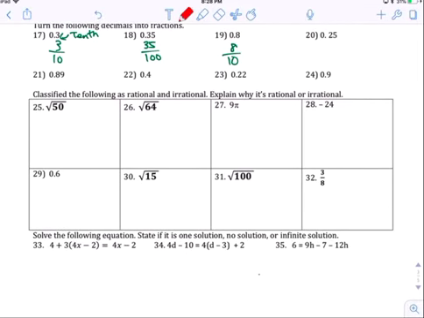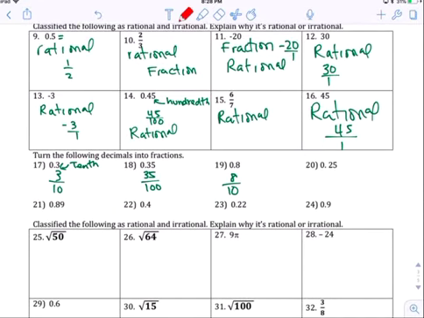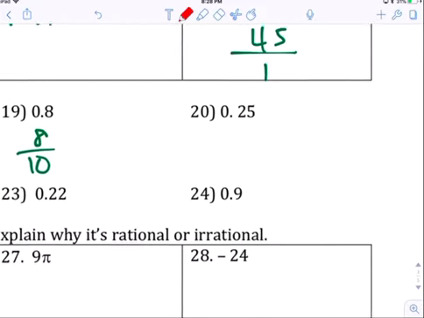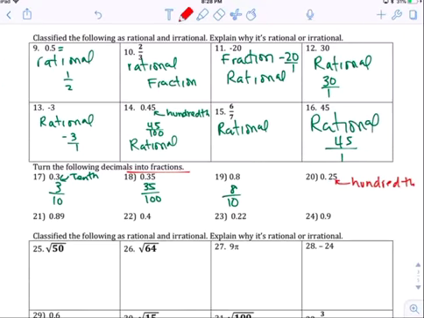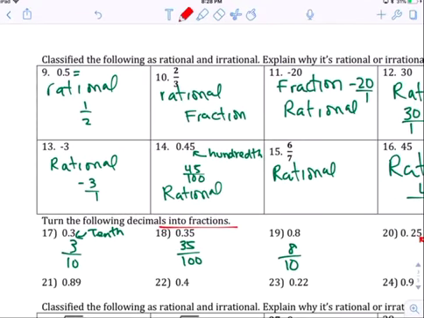Classify the following as rational or irrational. Explain why it's rational. Same thing. Okay, first make these into a fraction if we haven't gone over this. This is the 100th place. Oh, these were all rational because they all can be made into fractions. You see, a fraction is rational. This can be made as 20 over 1.